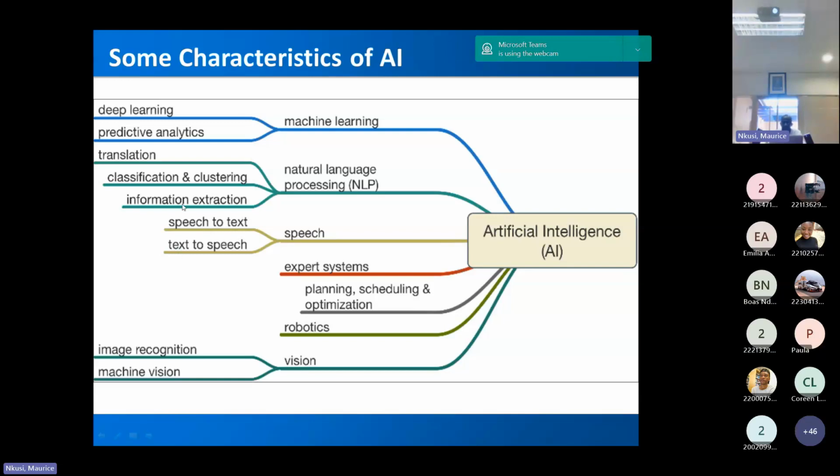When we talk about artificial intelligence, we have many applications. We have machine learning, and the ChatGPT and the other chatbots, they are using this ability to learn from questions, from suggestions from the users. Natural language processing, my colleague, we explained that the ChatGPT is using this technique.